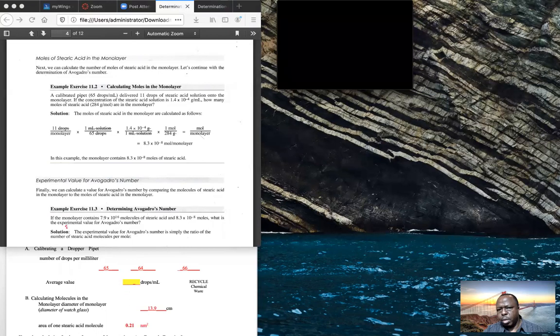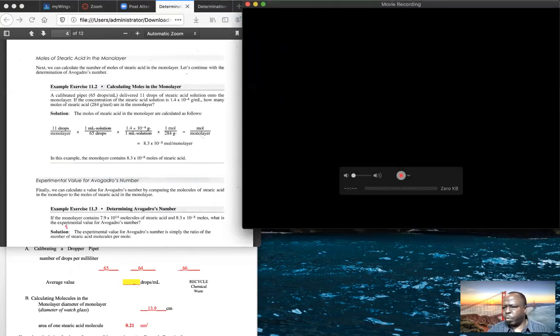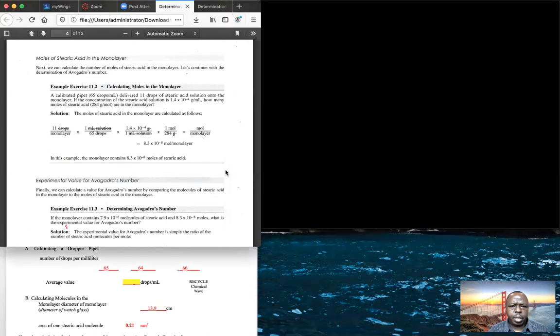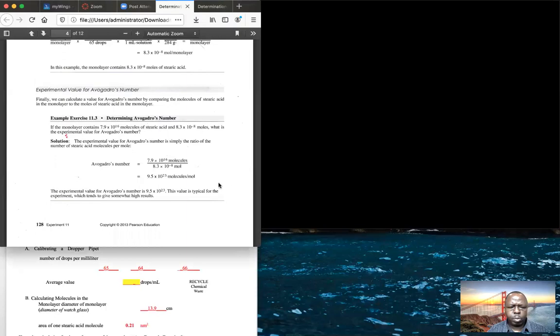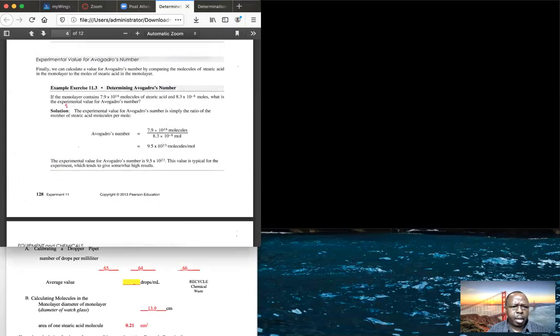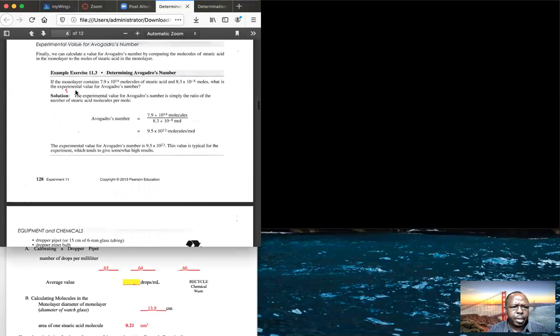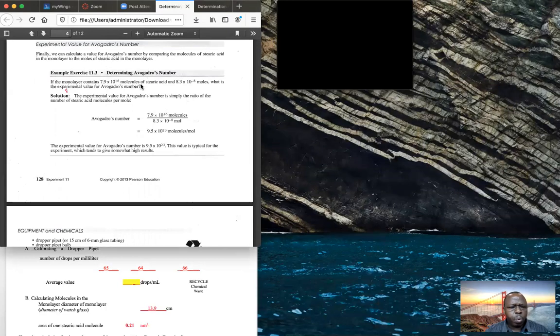All right. We want to find the number of moles in a monolayer. Right here, on the slides on the right, this value is the number of molecules in a monolayer.